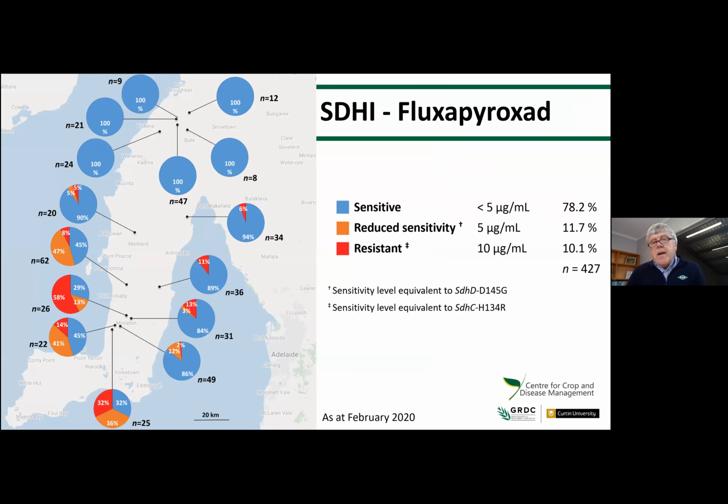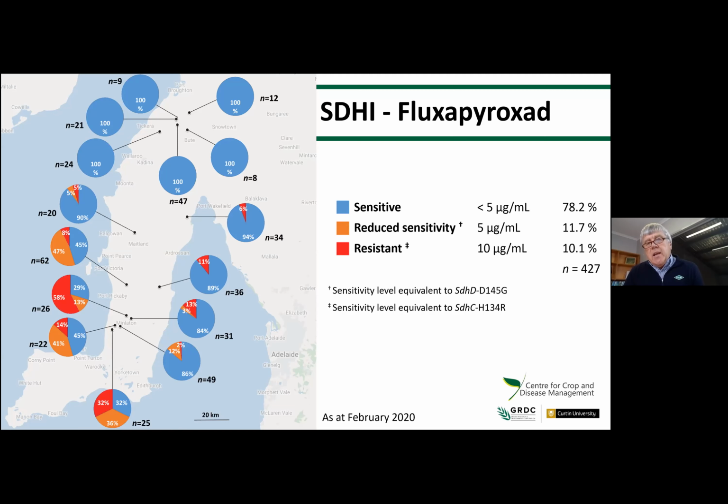And what they found looked like this. There were isolates in the lab that clearly showed up as having reduced sensitivity and resistance to the SDHI, fluxapyroxad. We strongly suspect that those isolates that had the mutation that rendered them resistant to fluxa would also have the same effects on any other SDHI foliar fungicides, such as Aviator Xpro.